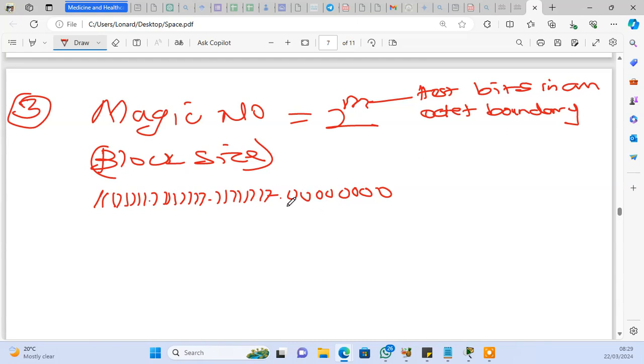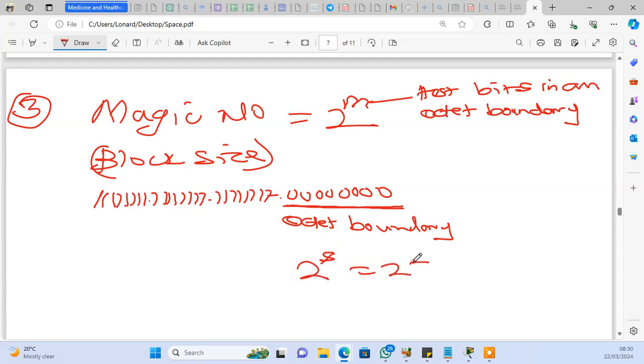The octet boundary that you are actually dealing with is this. So this is our octet boundary. So we're going to consider all these because they're in the octet boundary. So it will be 2 power 8, giving us 256.